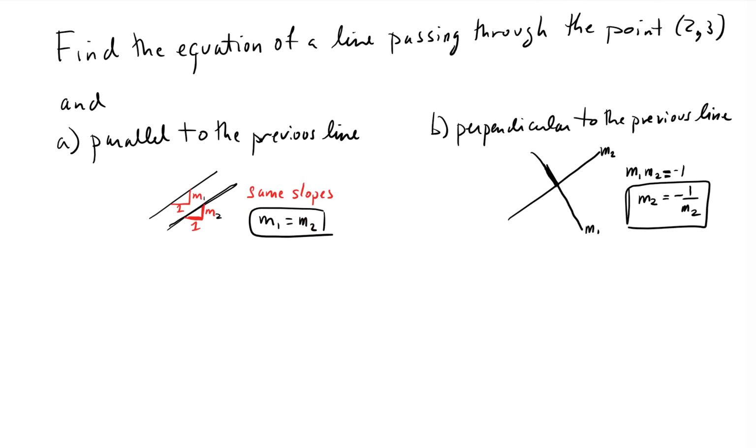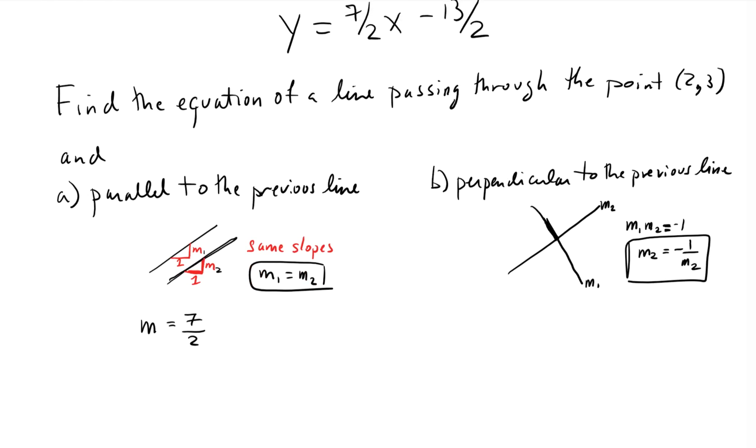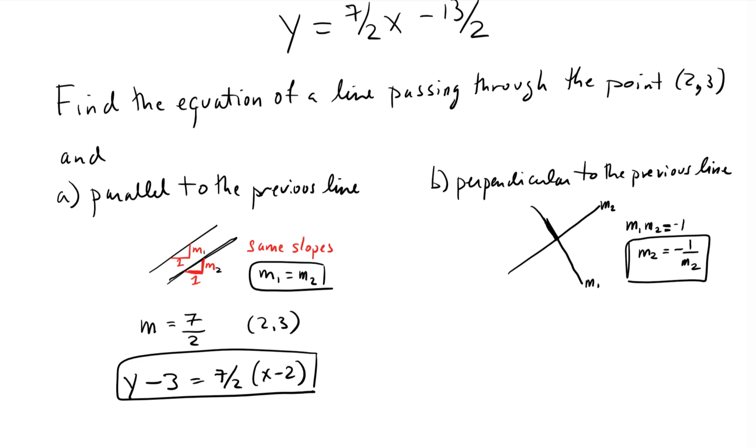So in the first case, parallel lines, well, we know that if they are parallel, the slope is going to be the same as the slope of the previous line, which was 7/2, right? Because that's what multiplies x. And then we've got a point, (2, 3), so we're done, right? y minus the y coordinate is 7/2, the slope, times x minus the x coordinate. We use the point slope form, it's way faster.